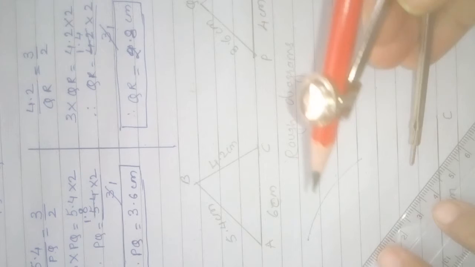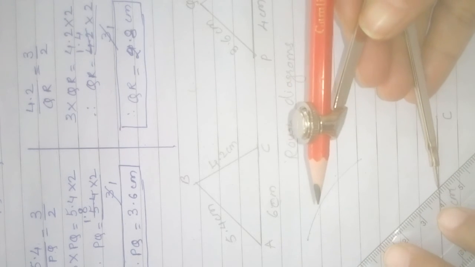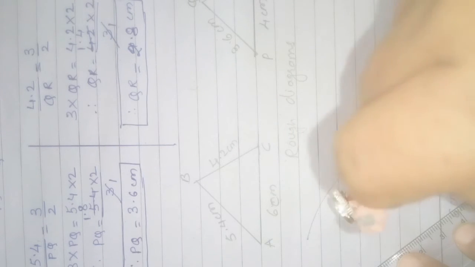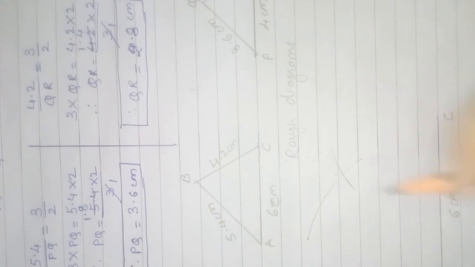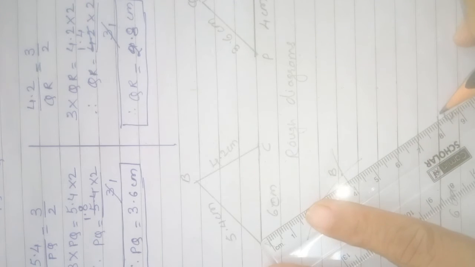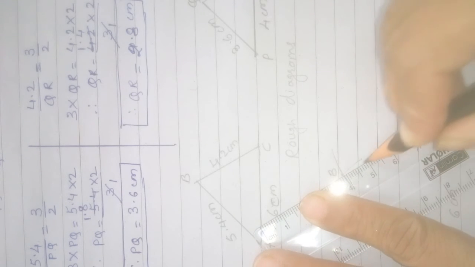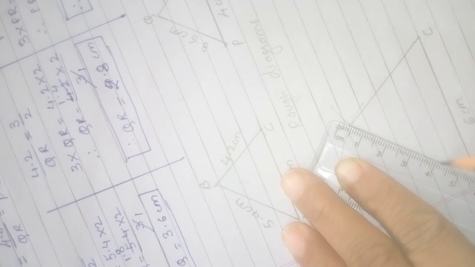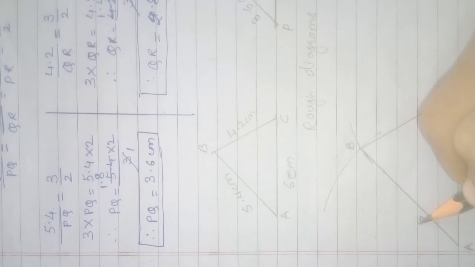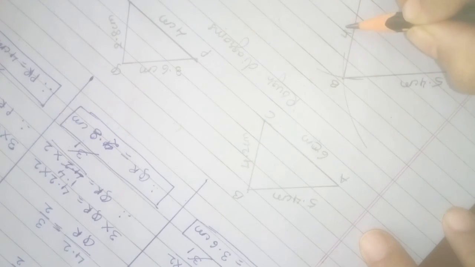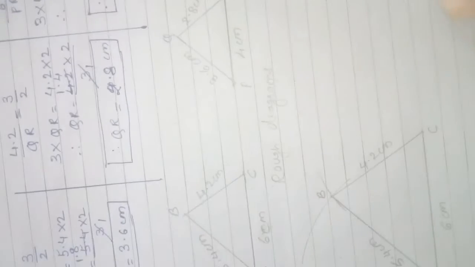Now BC is equal to 4.2 centimeters. Take the distance of 4.2 centimeters in the compass and draw an arc. The point of intersection we got is point B. Now join BC and AB also.